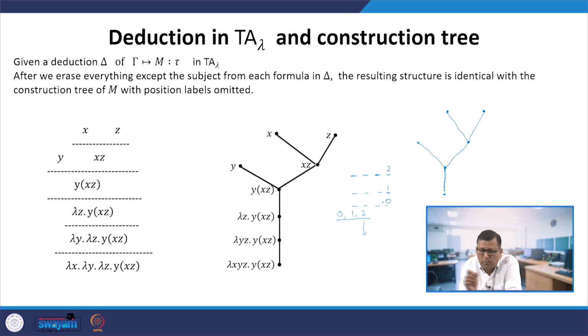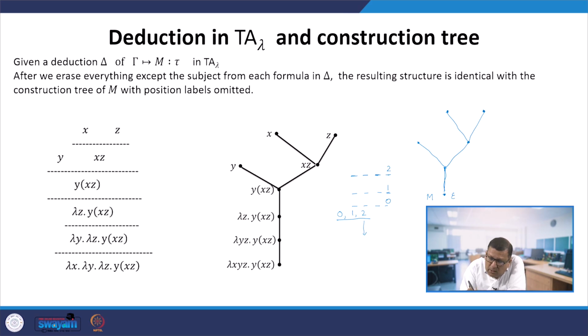That means the position symbol is not just an arbitrary concatenation of the symbols 0, 1, 2. It has some meaning, and looking at it we can interpret this term very easily. For example, this will be the root, where we write the entire term m, and by the construction here we write epsilon.